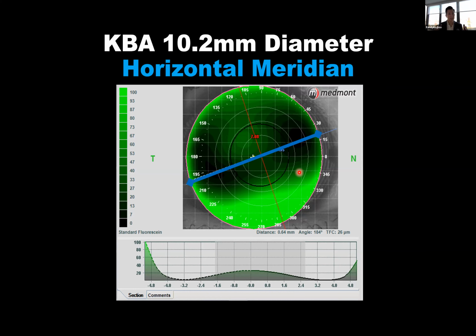Well, going slightly bigger is one of the ways to help along the way. Larger lenses create more stability, stability creates better centration, and better centration creates better comfort. So the KBA is a lens that we use as the corneal GP for irregular corneas.